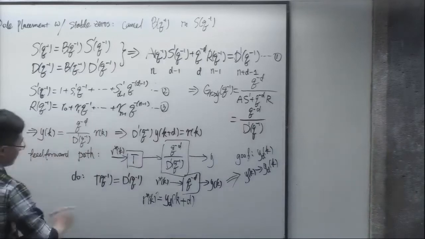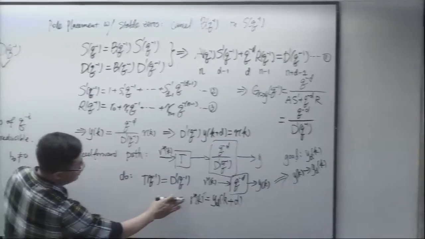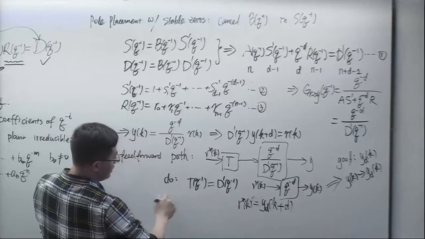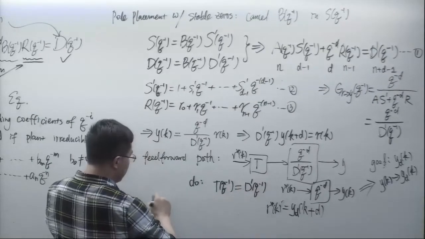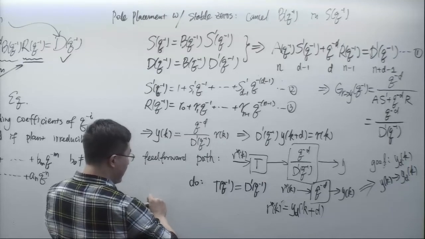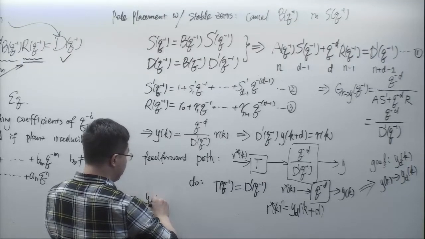That's the design principle. Now, in reality, we need to be just a little bit careful when doing this. So in reality is what will happen. Now I'm going to write this down.